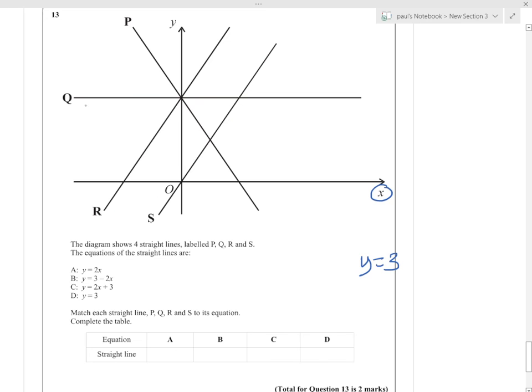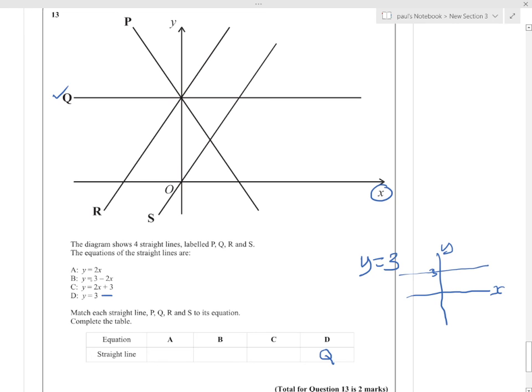So that is going to be Q. So D is going to be Q. So y equals 3 is like this. There's the x, there's the y, so we're going to have 3 there, and then you just have a line that goes across that. So that's line Q, that's D.